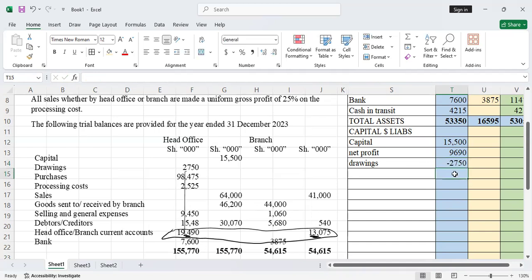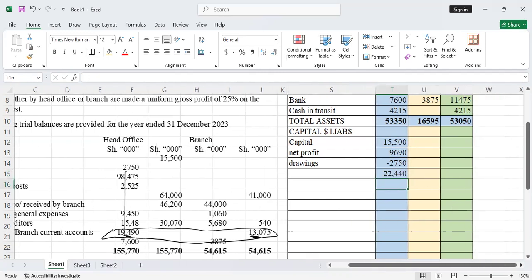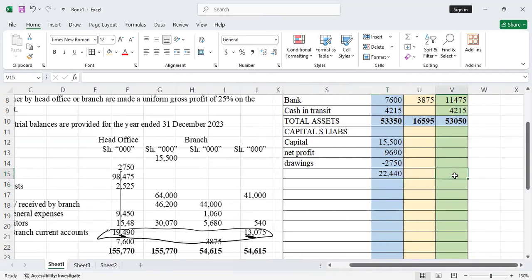Now, this will leave us 22,440. And this becomes the profit of the combined business. 22,440 will not work with the profit of the branch, because it has been transferred to the head office and now it is in the current account.